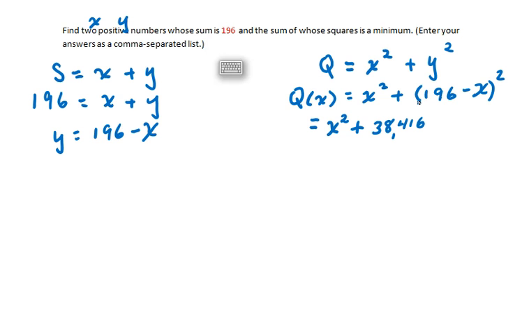That's the square of 196 minus twice the product of 196 and x. That's 392x plus x squared.